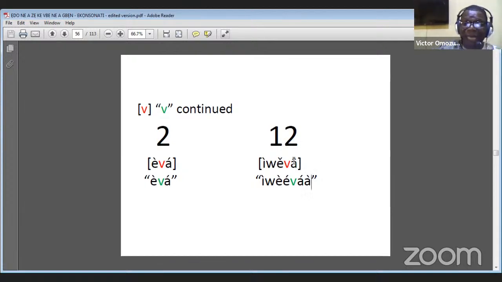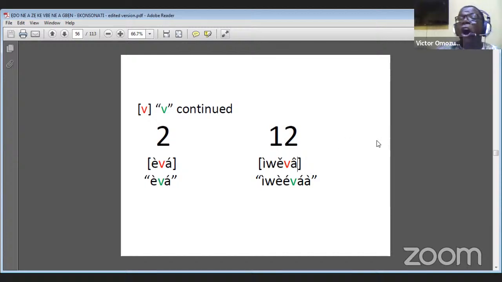You see, the issue of falling or rising tone is very important in Edo. That is why, for instance, an Esan person, when he's pronouncing that word, he will say Esan. But Edo will pronounce Esan, not Esan. It's the same thing with the word maize in Edo.